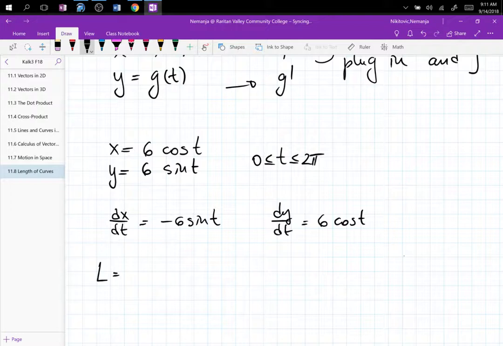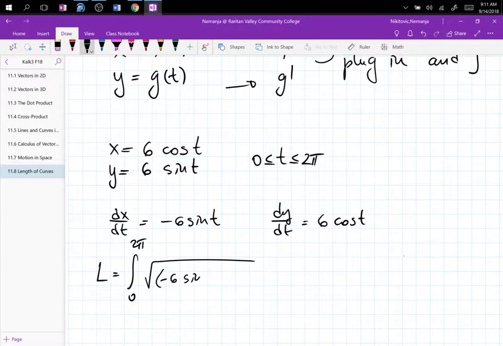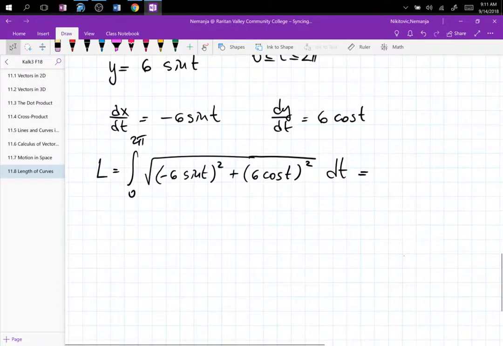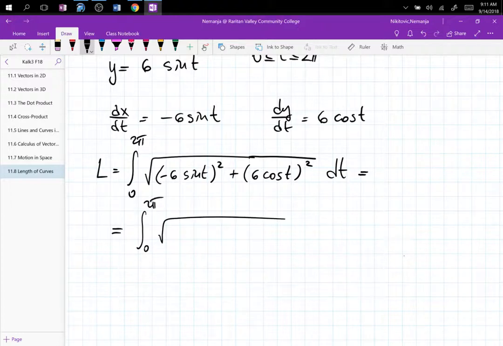The length of curve will be the integral from 0 to 2 pi, because those are the limits on t, of the square root of negative 6 sine t everything squared plus positive 6 cosine t everything squared, dt. When we square everything, we get 36 sine squared t plus 36 cosine squared t, dt.